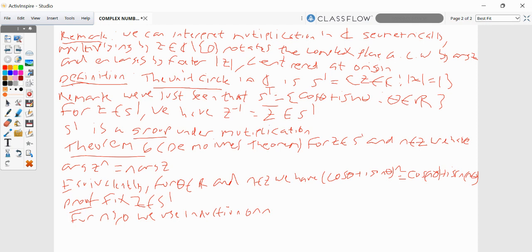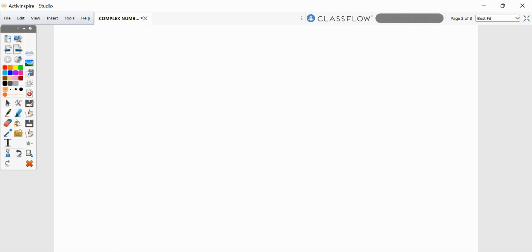This is proof by induction here, by the way. So if n is 0, the base case, we have z to the nothing being equal to 1. So the argument of z to the 0 is 0, which is n times the argument of z. That's just a quick check. Again, this is the easy part. The next part is where we actually do some work in the inductive step.